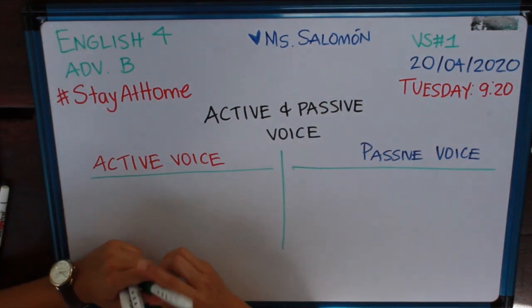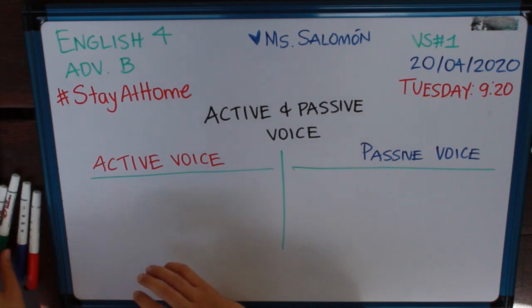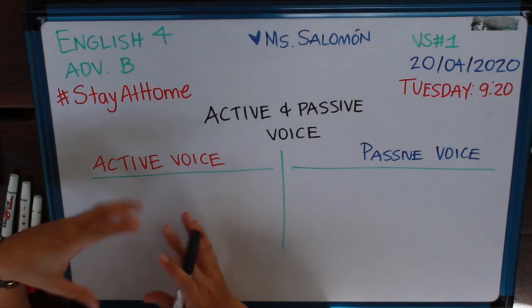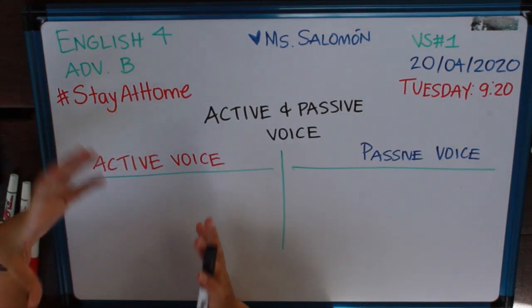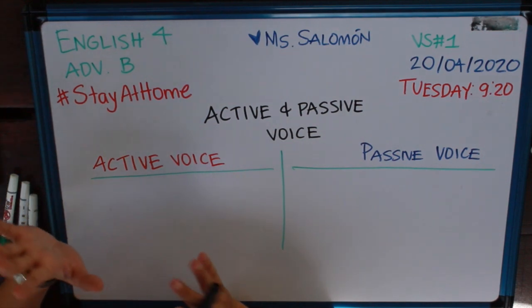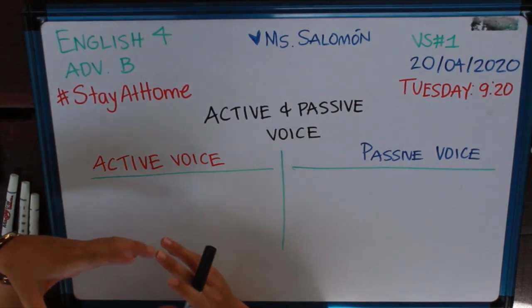The active voice means that a sentence has a subject that acts upon its verb. So what we're saying is that a subject is performing the action given by the verb.